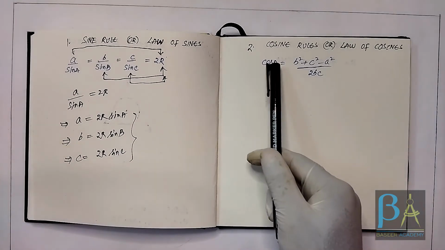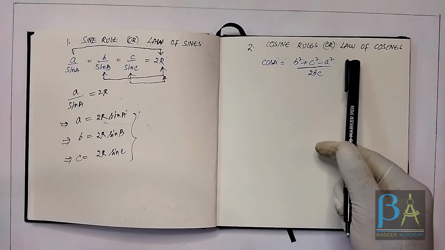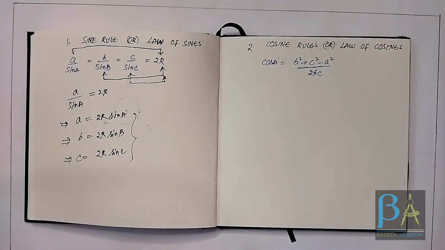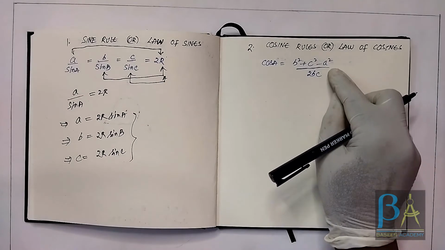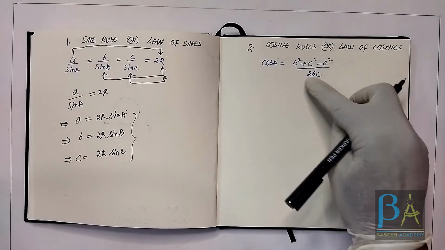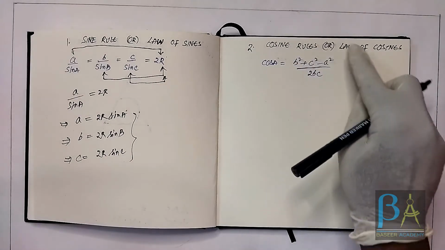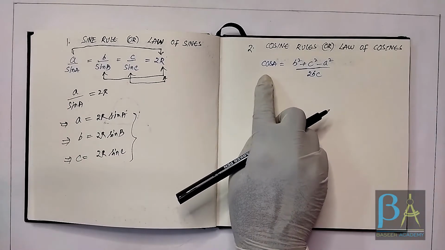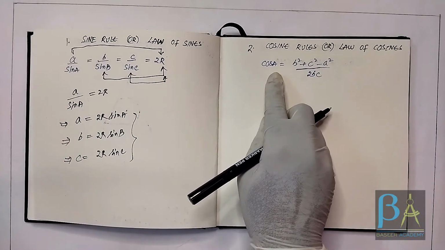This rule is known as the cosine rule, or you also call it the law of cosines. How is the law of cosines going to help us? Small a, small b and small c are the sides of the triangle. If you know the sides a, b and c, you can find the cosine of the angle.